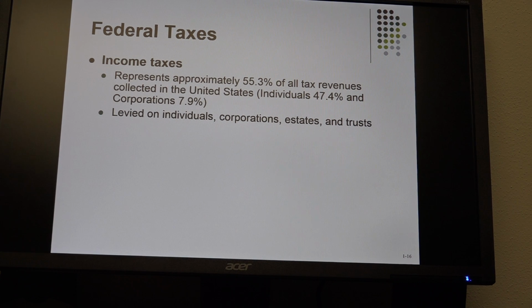Just some numbers to throw out. Percentage-wise, income taxes represent 55.3% of all tax revenues collected, and most of that comes from individuals, not corporations. Although we have one of the highest corporate tax rates in the world, corporations find ways to not pay taxes.